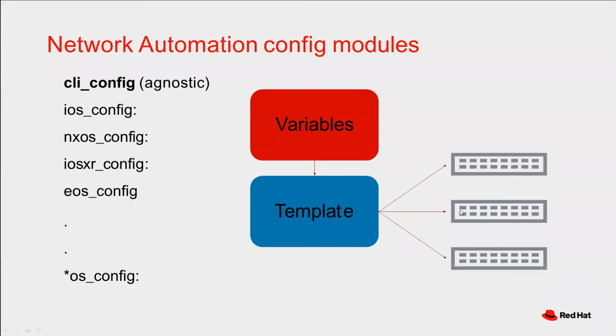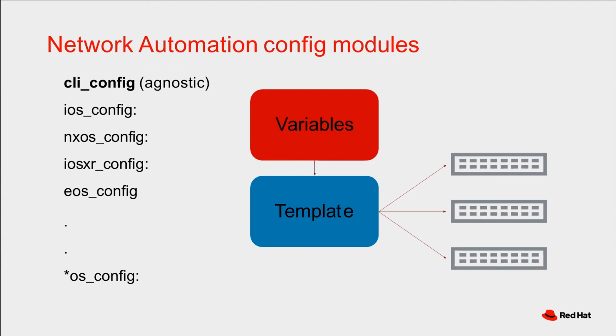But within the configuration modules, we have a cli_config module, which is vendor agnostic. So we can use that module to address any of the other vendor specific modules. And what it does when the cli_config runs is it determines which of the specific vendor config modules it needs to use.